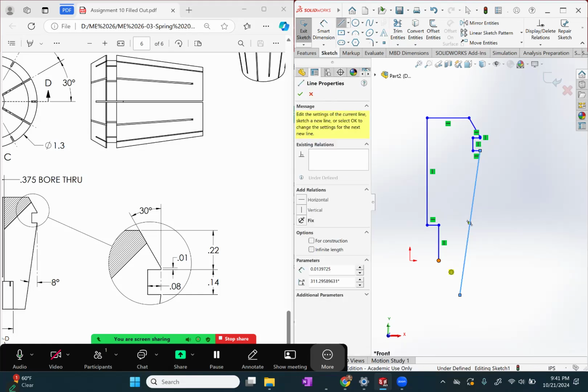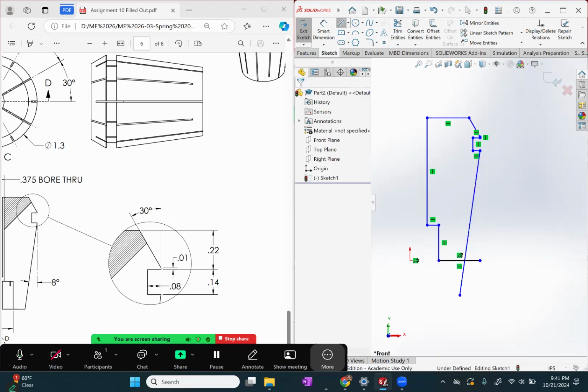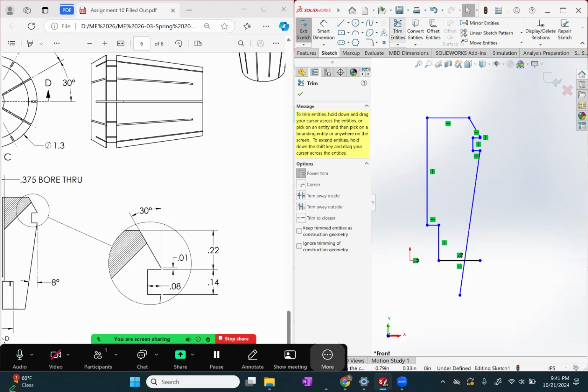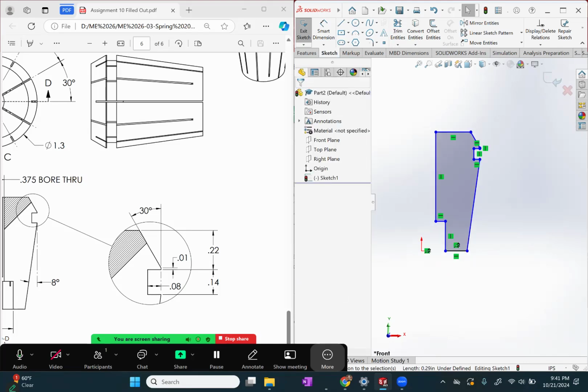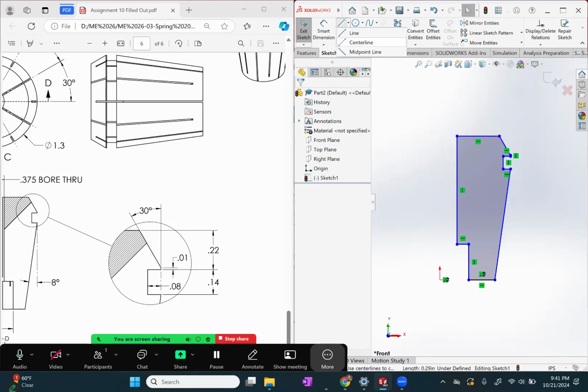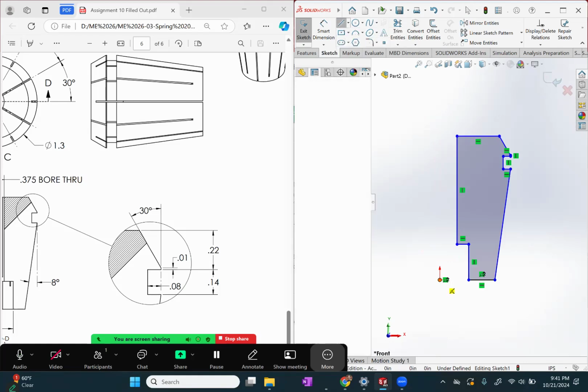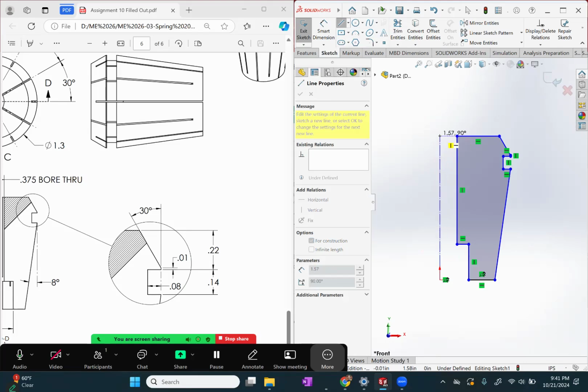So if I make them intersect, all I have to do now is trim. Therefore, I don't need to explicitly know these measurements for the lengths of these lines. I can still get these values. Let me also draw my line that I will use to revolve.